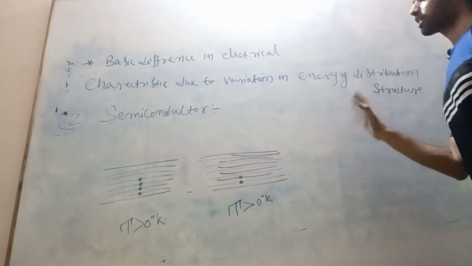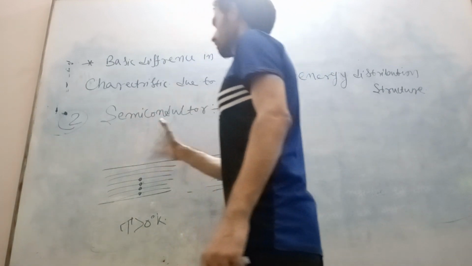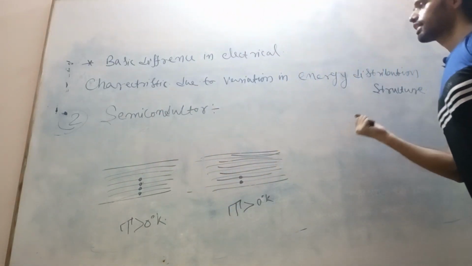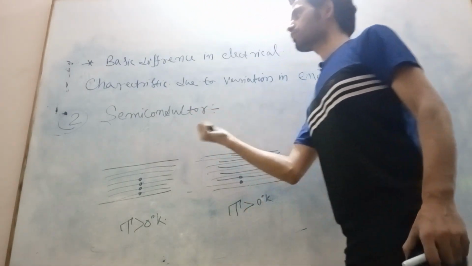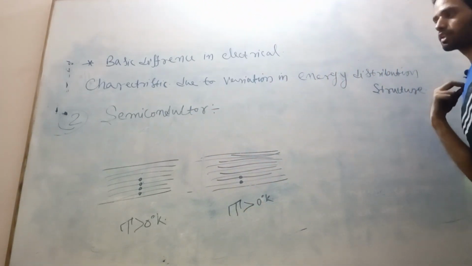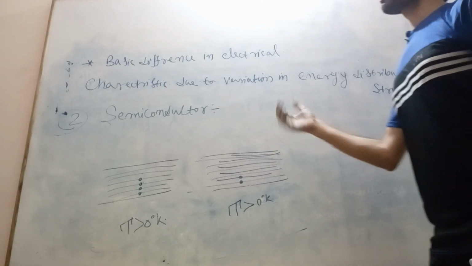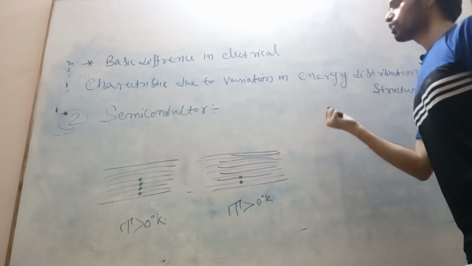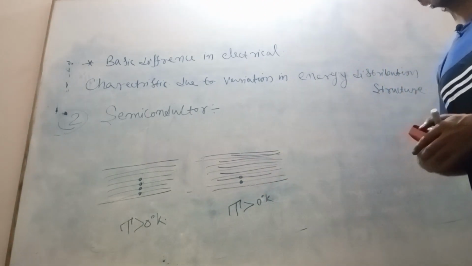According to that the resistivity varies, and so the conductivity varies. This is one beauty of the semiconductor: it allows us to change its properties by changing its resistivity.